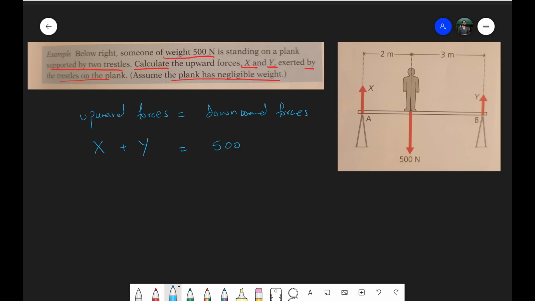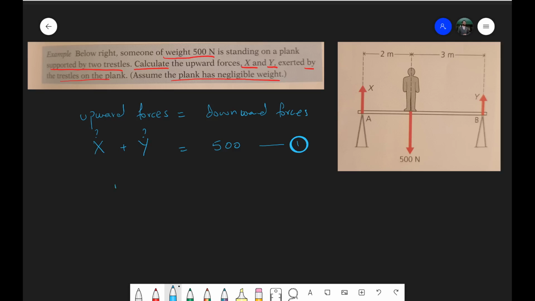Now, when you apply this condition, you find out that there are two unknowns in this equation. Both X and Y are unknown, and you can't find them out from a single equation. So you need to make another equation, and you have to do that using the other condition of equilibrium. Now you also need to realize that this plank is balanced. It's not rotating, it's not falling to one side, which means that clockwise and anti-clockwise moments are also equal in this situation.